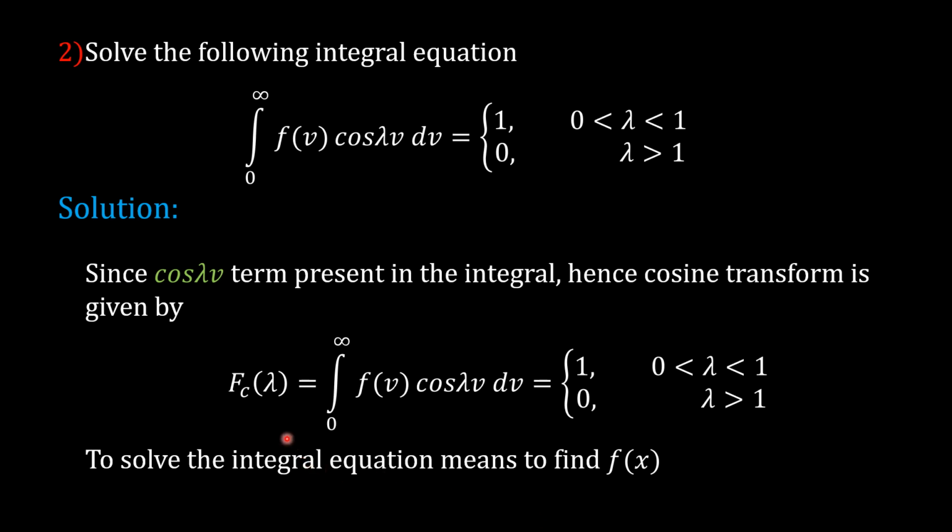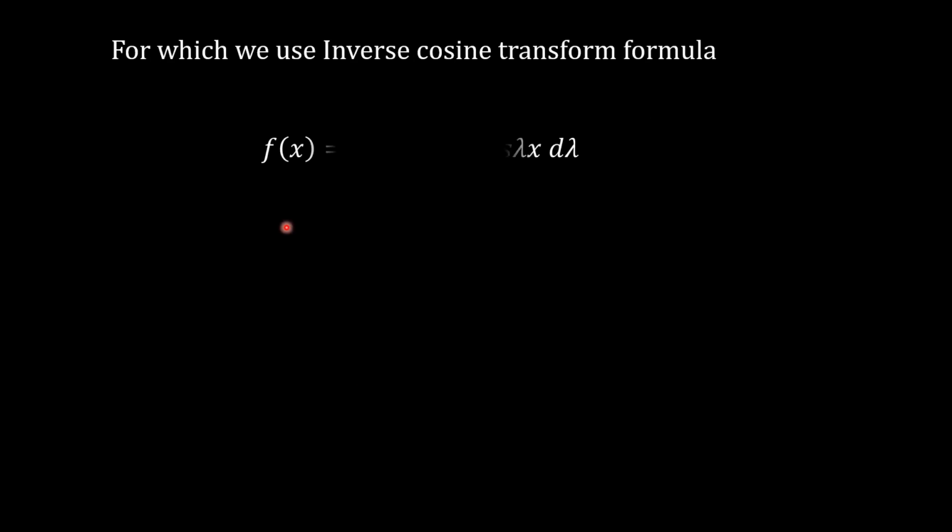As we have considered Fc lambda, to solve it we will consider the inverse Fourier cosine transform, which is given by f of x is equal to 2 upon pi integration from 0 to infinity Fc lambda cos lambda x d lambda. Now Fc lambda is defined on the two intervals 0 to 1 and 1 to infinity.